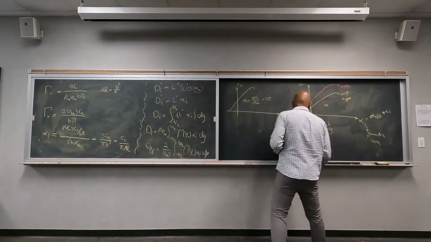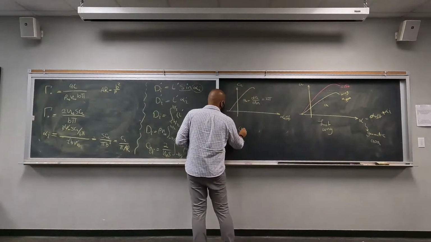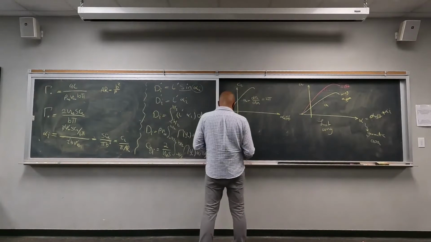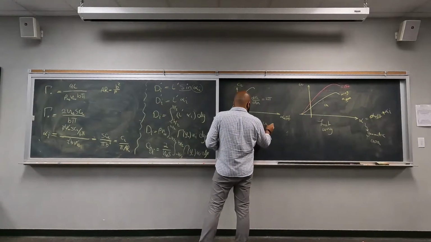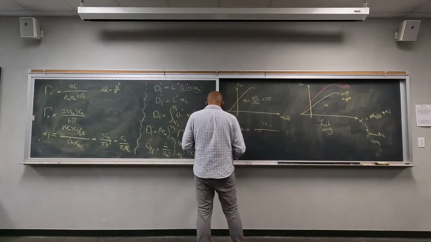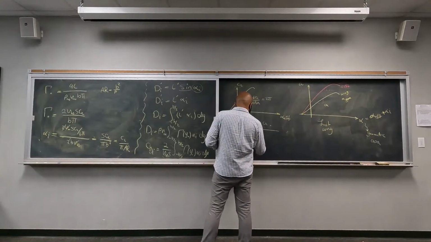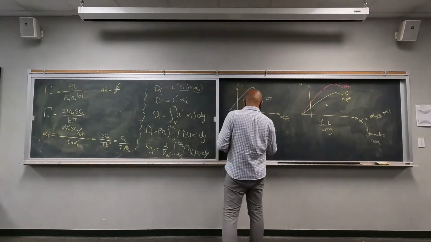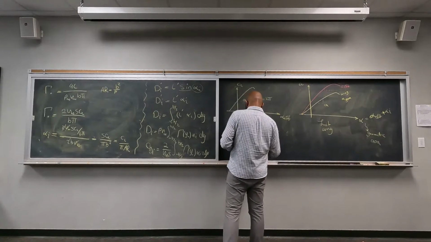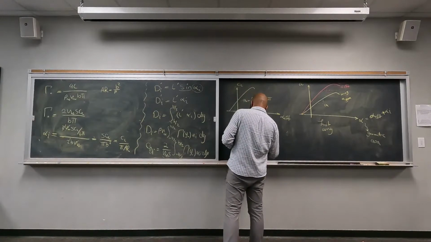The relationship between the two slopes, we can show that A is equal to A naught divided by 1 plus A naught divided by pi E AR.